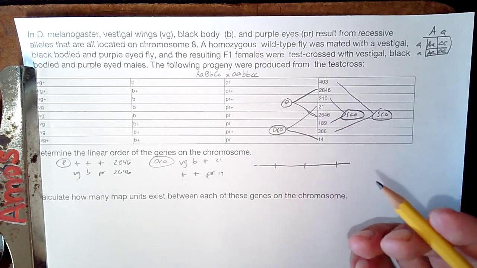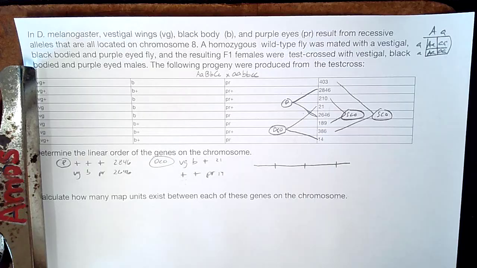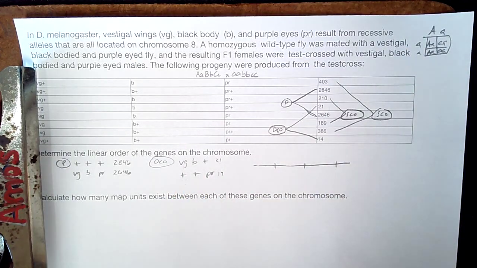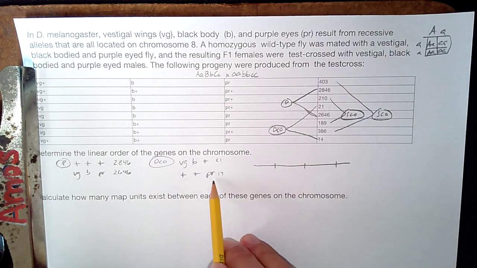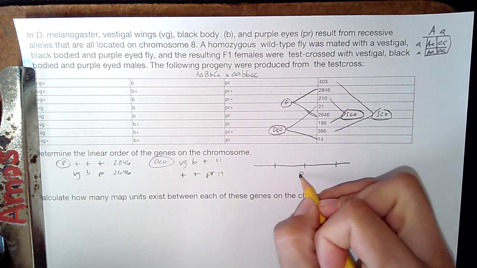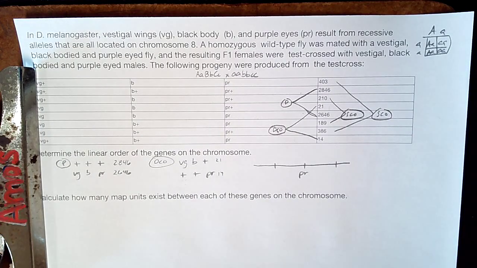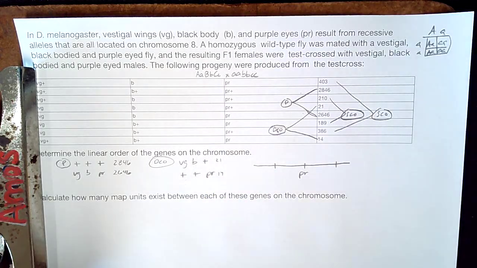And so I'm assuming you've already reviewed how double and single crossover events happen. Whenever the double crossover event happens, it has to be the one in the middle that is moving. Well, in this example, PR is the one that is moving. So what that means is that PR is the gene that is in the middle between these 3. Because when we have a double crossover event, PR, or purple eyes, is the trait that is moving from one chromosome to the other.